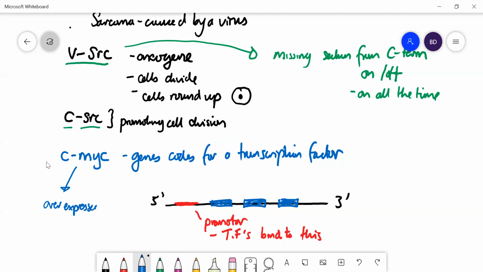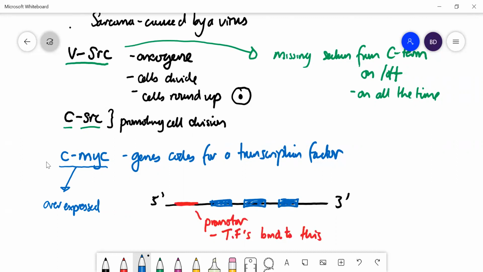It can happen that the gene gets duplicated, or the control of the c-myc gene goes awry. You get too much transcription, and the gene products it might be transcribing may cause cell division, and you get out of control cell division. So c-myc is another one which can cause that.